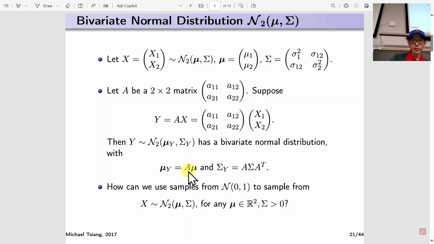Y is going to come from a bivariate normal distribution where the mean is mu and the variance covariance matrix is sigma, okay? And so that mean vector of y is going to be basically A times mu, and then the variance covariance matrix, if you kind of follow the process, it'll be A sigma A transpose, right? It's kind of like when you multiply a random variable by a constant, the variance is that constant squared.